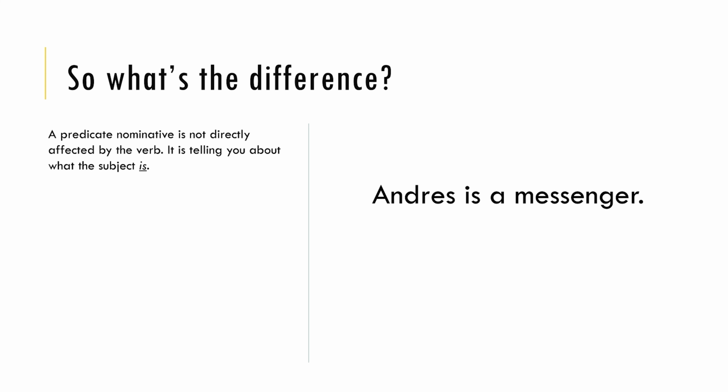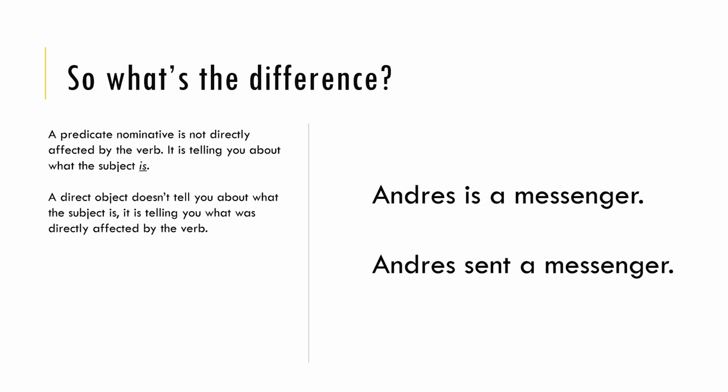So a predicate nominative is telling you what the subject is. Imagine an equal sign. So Andres is a messenger. Andres is not sending, he's not hiring, he's not firing, he's not educating a messenger, he's just being a messenger. So in this case, the predicate nominative is not being directly affected. That's a difference between a predicate nominative and an object.